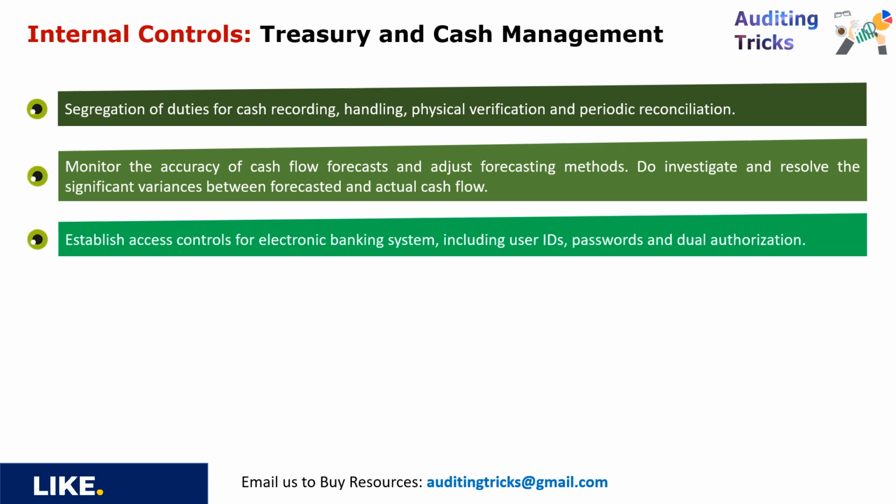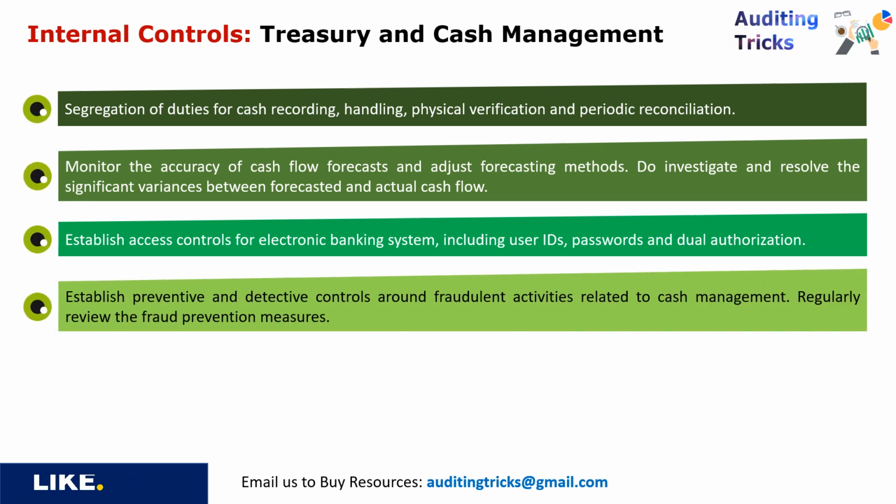We should establish access controls for electronic banking systems, including the user IDs, passwords, and any kind of dual authorizations given. We should establish preventive and detective controls around any kind of fraudulent activities related to the cash management.